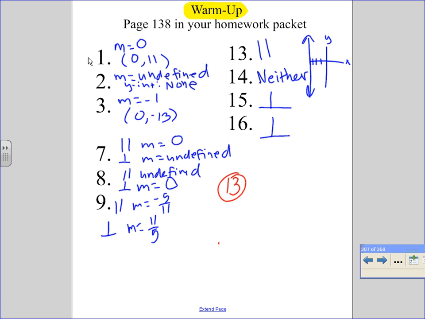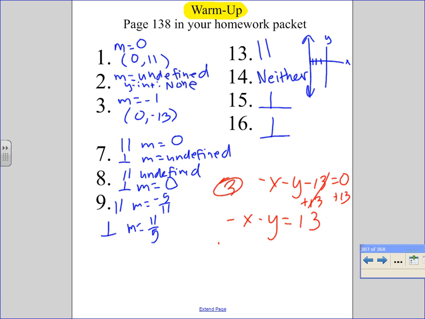Okay, did you get it into y equals form, number 3? Okay, that's probably the problem. So number 3, you had negative x minus y minus 13 equals 0. So Annalise, what did you move first to get it in y equals form? Okay, so you added 13 to both sides. So we have negative x minus y equals 13.